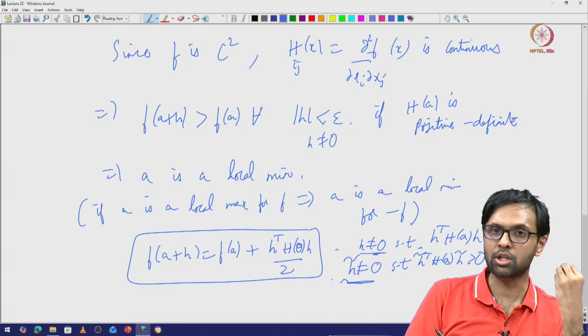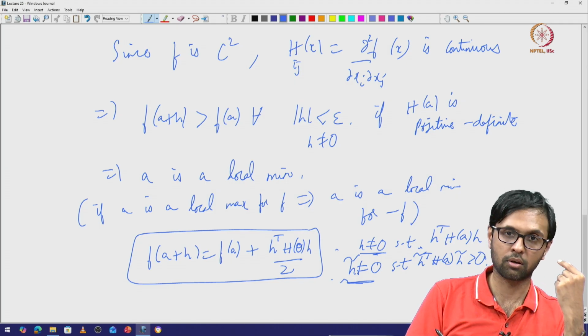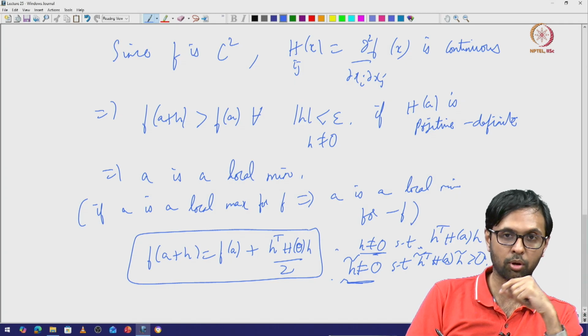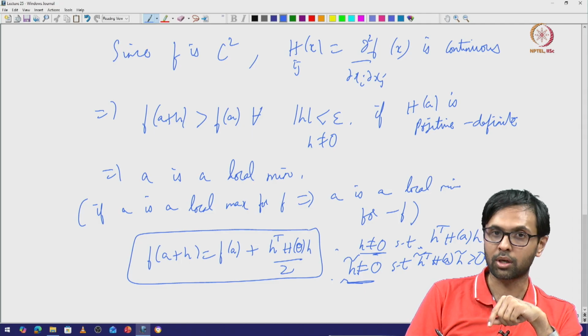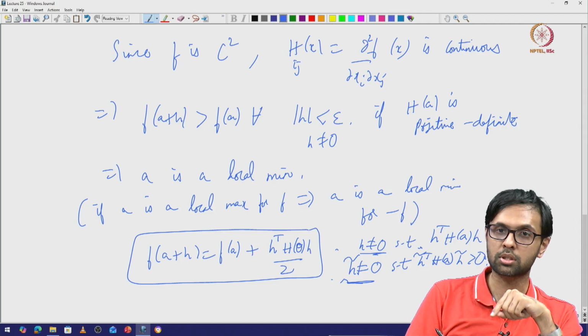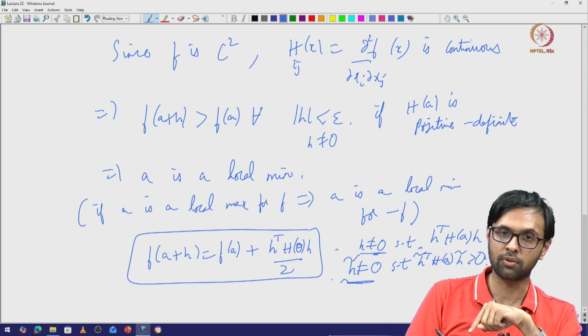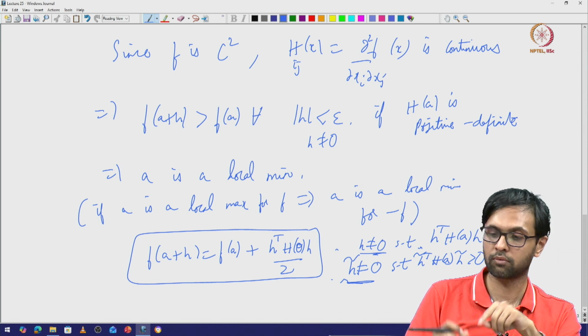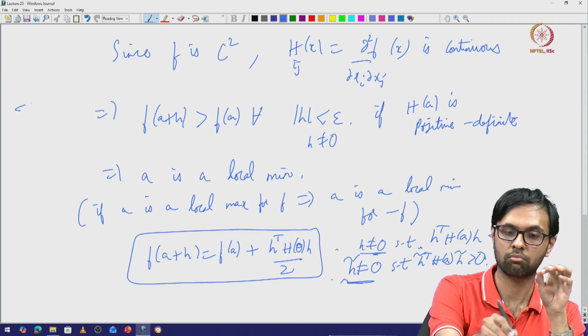So if h of theta n is positive definite for all theta n which approach a, then what does that mean? v transpose h of theta n times v is strictly positive. Let me write that down here.